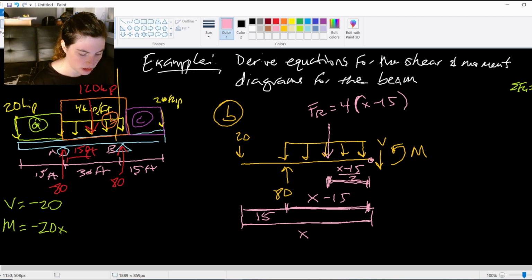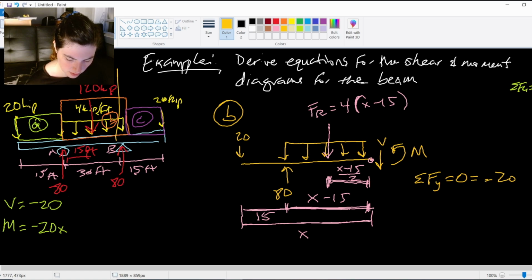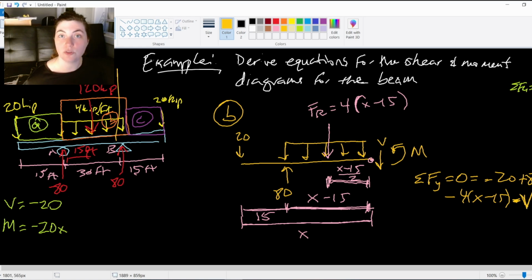So our shear equation comes from our sum of y forces equals 0, which is going to be our applied force negative 20 plus 80 minus 4 times x minus 15, and then minus that shear force V. So now you'll notice I have an actual equation for shear now.